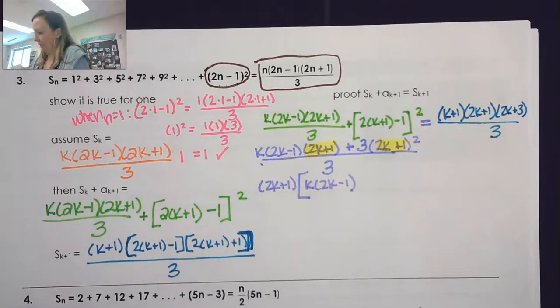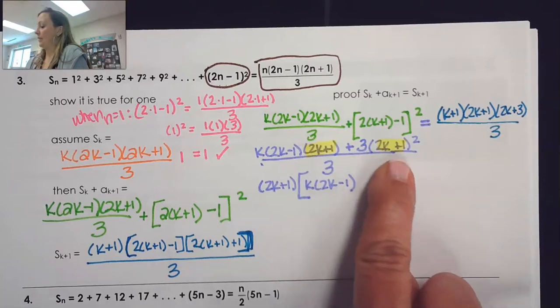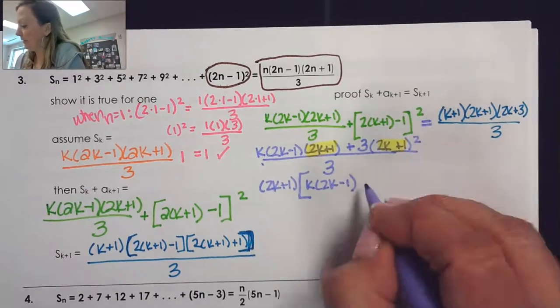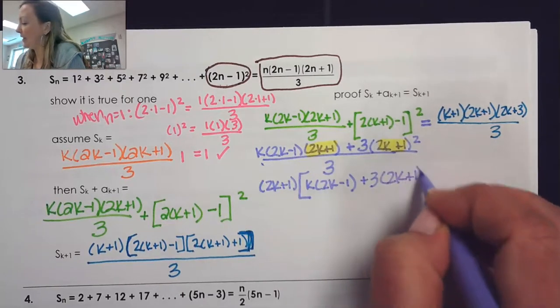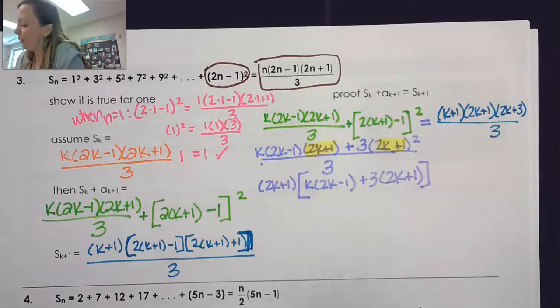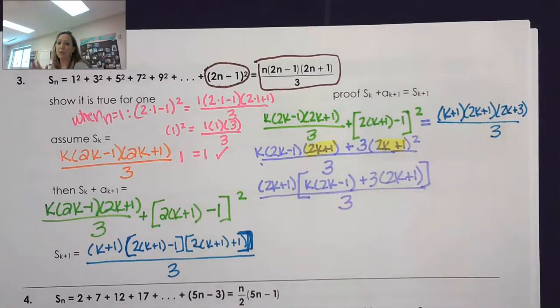And if I pull out a 2k plus 1 from here, I still have what left? I still have 3. And I still have one other 2k plus 1 that's left. I pulled out one of those 2k plus 1s from the 2k plus 1 squared. So now I only have one of them left.